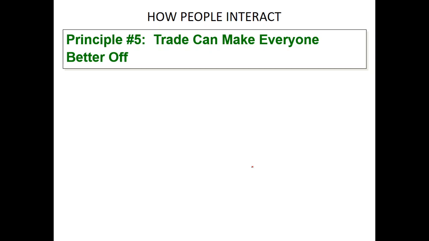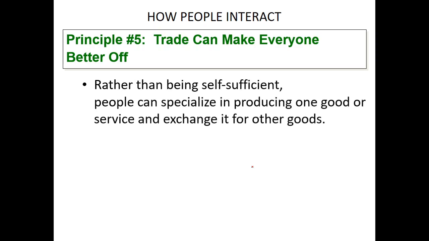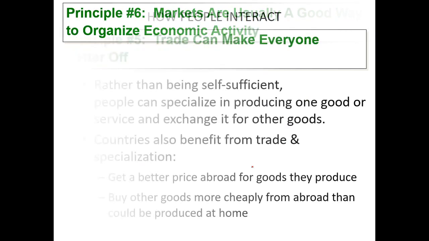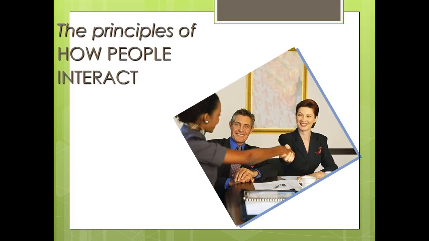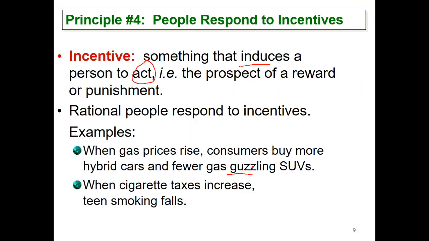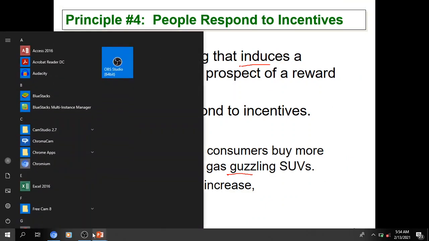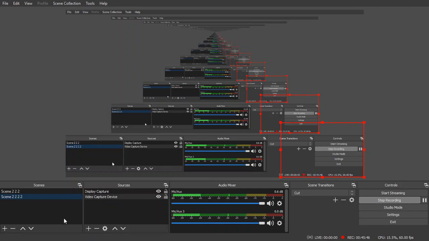Next time we will discuss how trade can make everyone better off. I hope you understand and are able to relate these principles to how people make economic decisions every day. Okay, that is all for now.